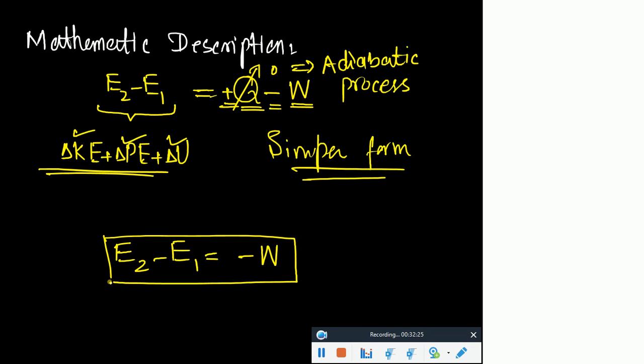Sorry? No, it is just to remain consistent. For example, if you say this is minus W, now what does that mean? This positive Q, what does that describe? That the heat or energy is being given to the system. What does that minus describe?